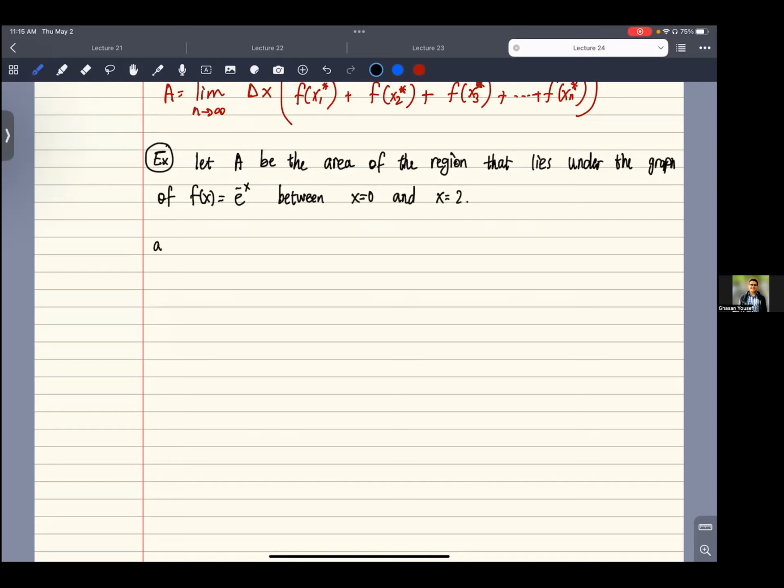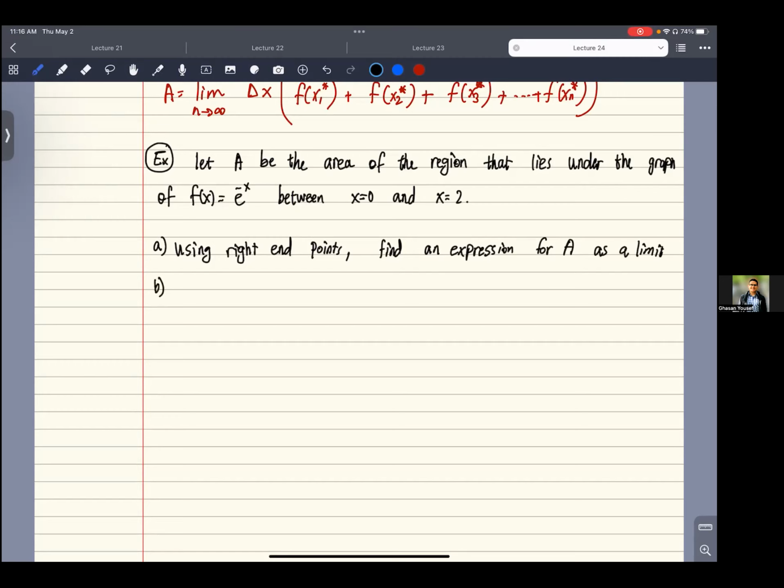My question is, number one, using the right endpoint, find an expression for the area A as a limit. By the way, we don't need to evaluate the limit here.